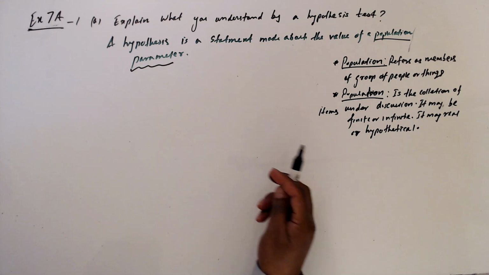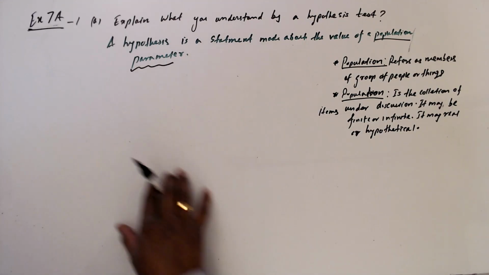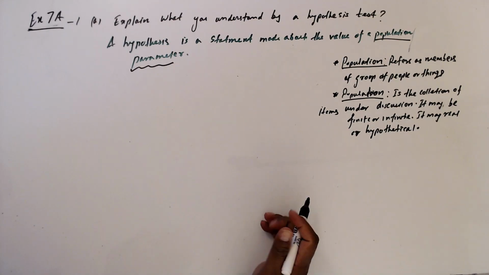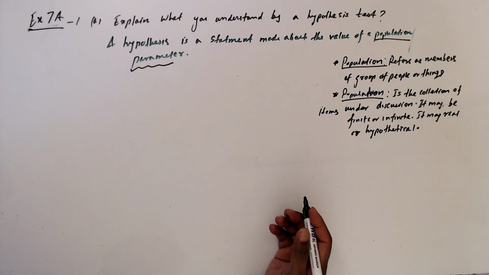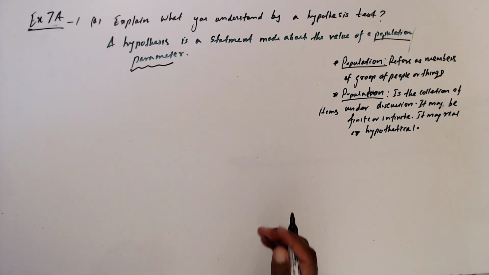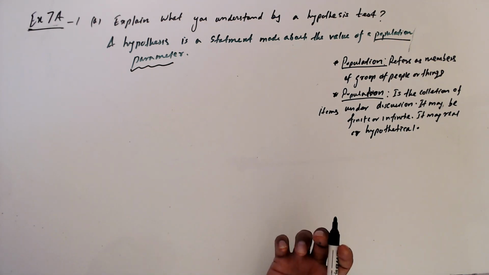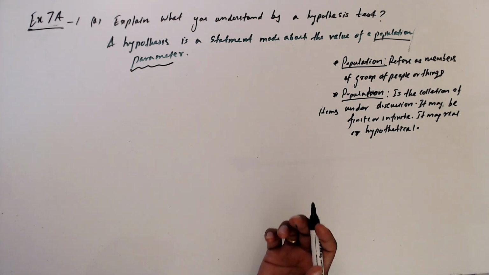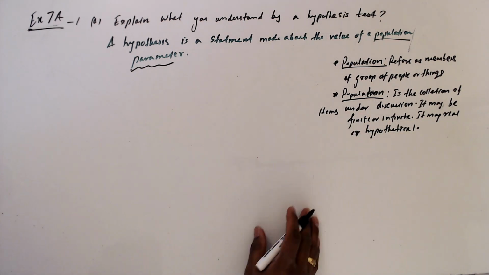If you consider 40 pens, the pens are the population, or the heights of people more than 1 meter in the UK. In that case, it's a group of people. That's it, clearly defined. So likewise, you can have a general sense of it.